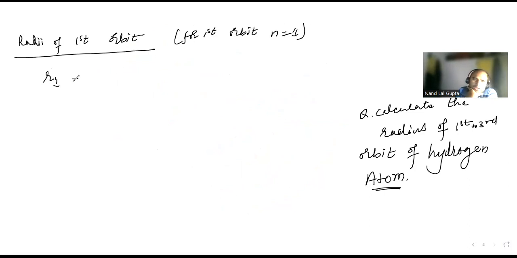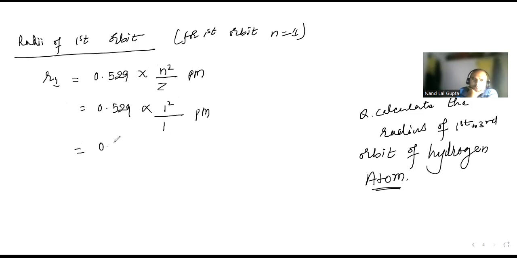So R1 is equal to 0.529 into n square upon Z picometer. Placing the values, 0.529 into 1 square upon 1 picometer, so it is 0.529 picometer.